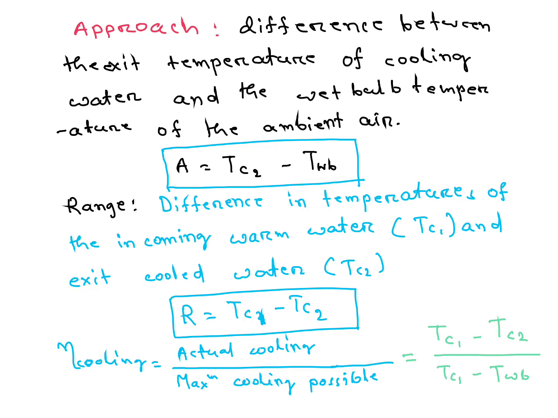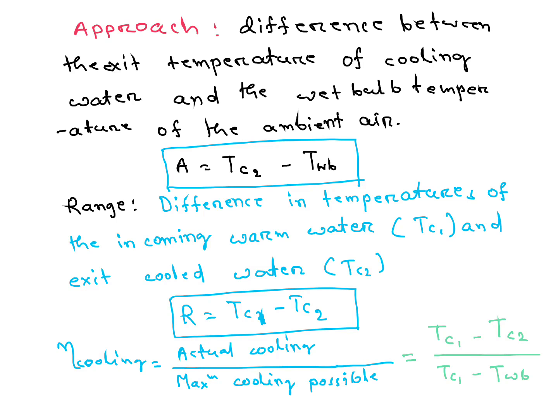So very important. So approach A equal to Tc2 minus Twb. Twb is the wet bulb temperature of the ambient air and Tc2 is the exit temperature of cooling water.